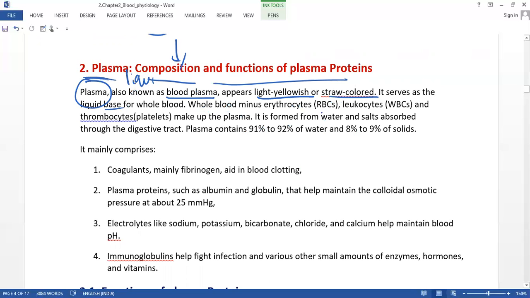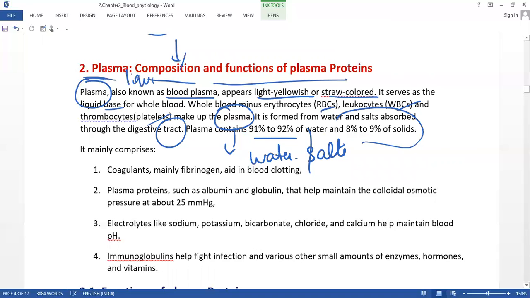The RBCs, WBCs and platelets are suspended in the plasma. It is formed from water and salts, which are absorbed through the digestive tract. Plasma contains 91 to 92% water and 8 to 9% solids.